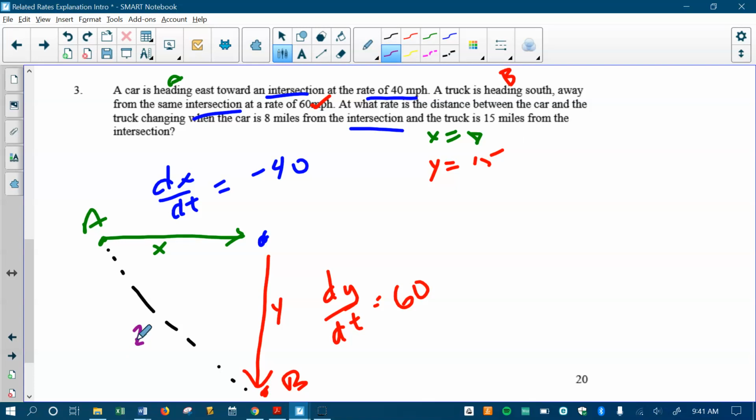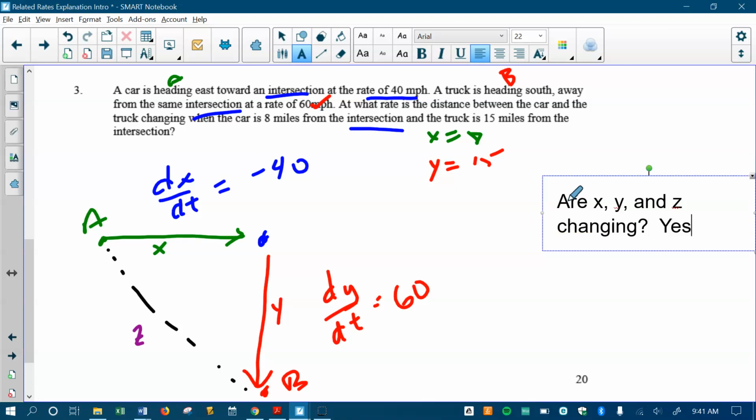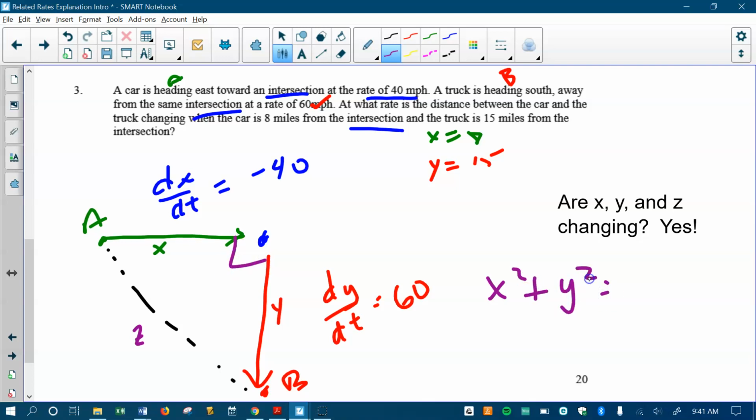Are x, y, and z changing? Yes, because the cars are always moving, and because the cars are moving, the distance is always changing. So for our equation, because this is the only information given to us, x squared plus y squared equals z squared. This is an equation that relates all the variables to one another.